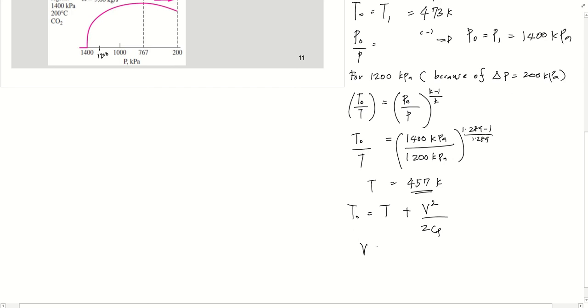So velocity equals the square root of, substituting all the parameters, Cp is 0.846, T0 is 473 minus T, 457.